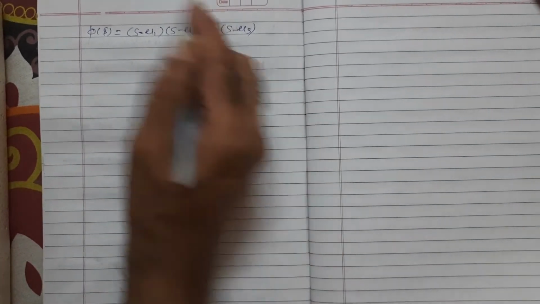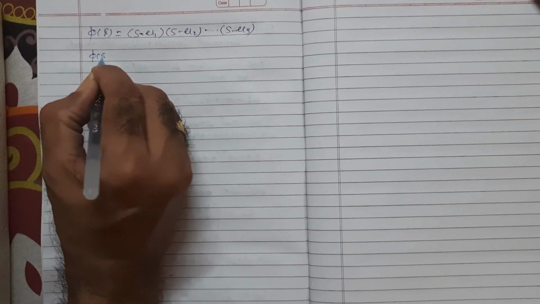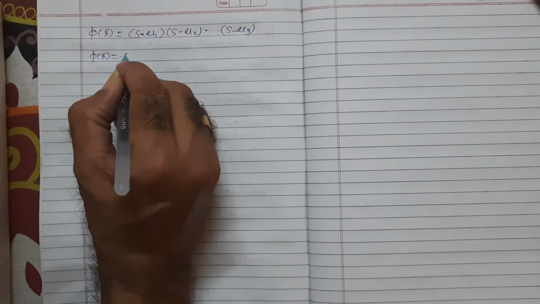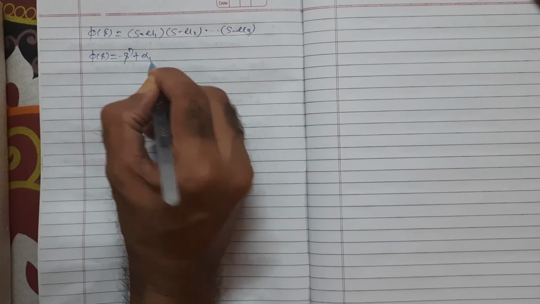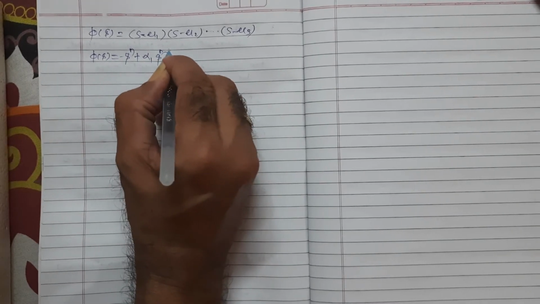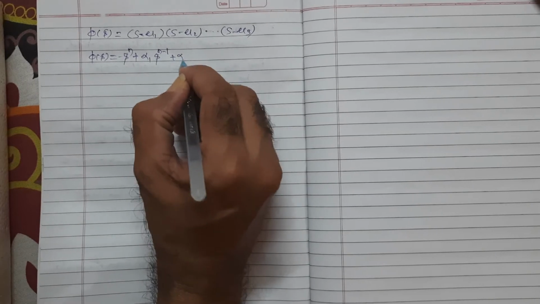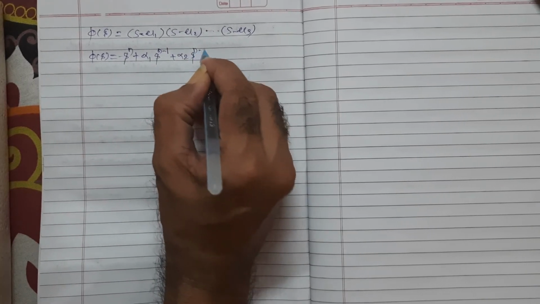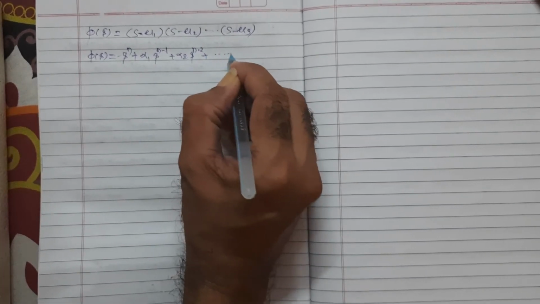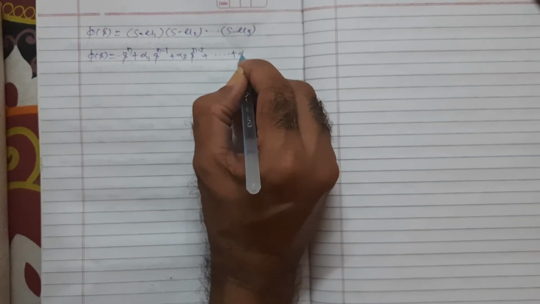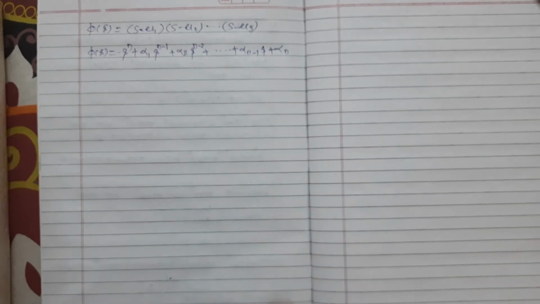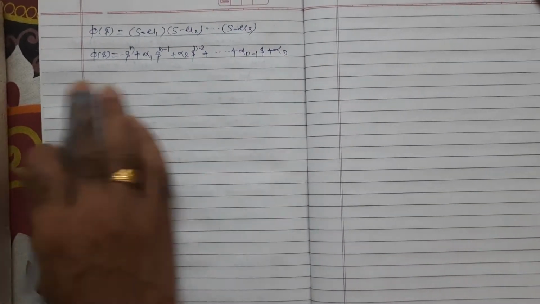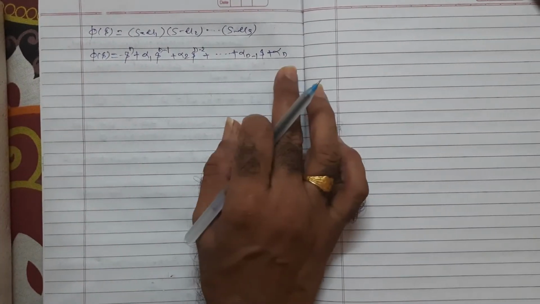This we can find out. So this phi of s, if we expand it, then we get s raised to n plus alpha 1 s raised to n minus 1 plus alpha 2 s raised to n minus 2 plus so on, alpha n minus 1 into s plus alpha n. So this is our phi of s.